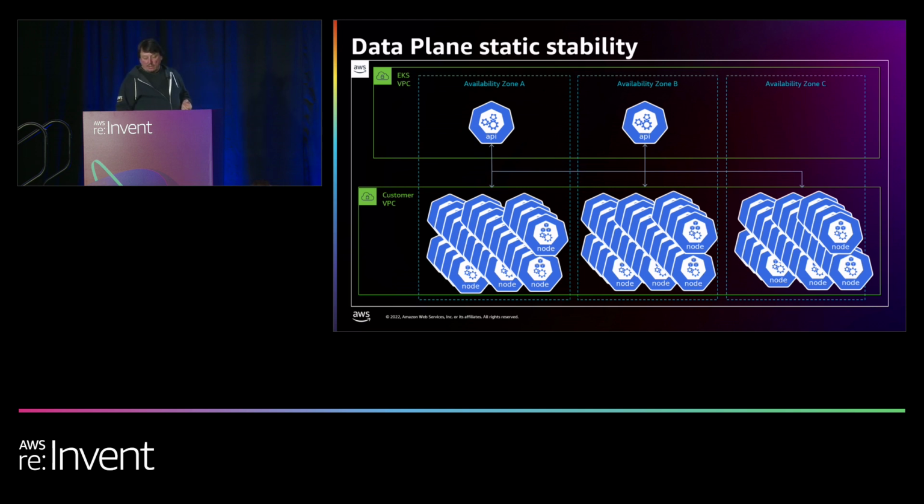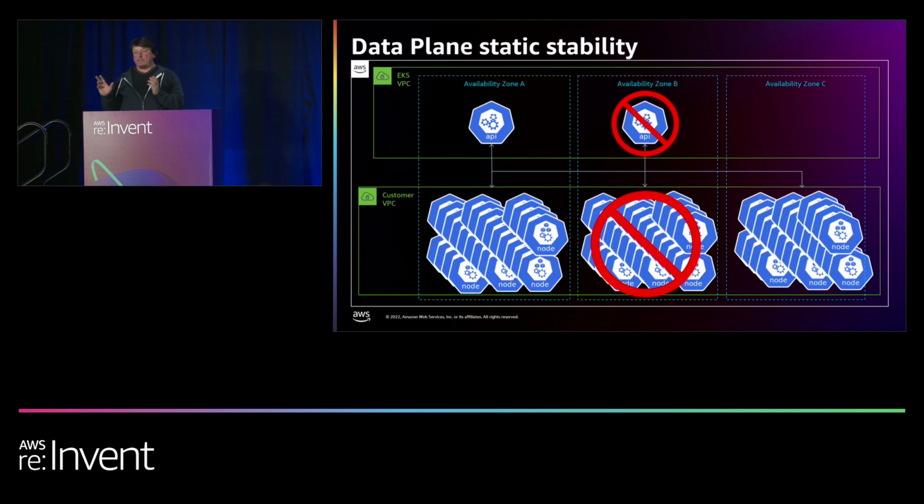And two, if for some reason, in the worst case scenario, all of a sudden 1/3 of your cluster were to go away, there's also a 50% chance that half of the control plane is going to go away, depending on what AZ is affected. Anyway, in this state, the cluster and everything running on it is still statically stable if we've provisioned sufficient capacity to handle this type of failure.